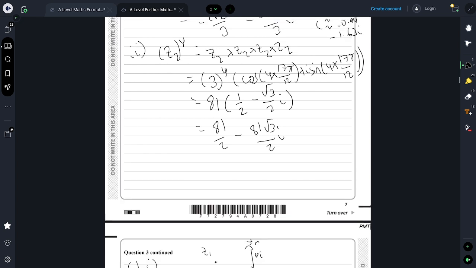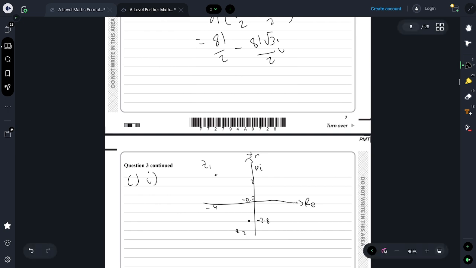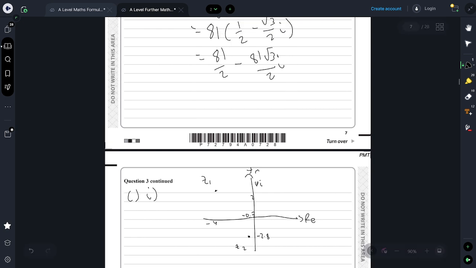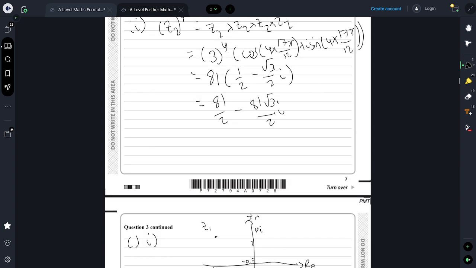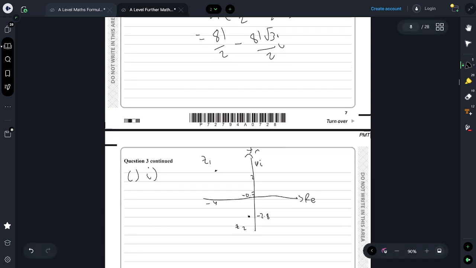So it's going to be just a bit over Z2, just above Z2 here, so it's going to be about there. So that's Z1 over Z2. Okay, so that's all it is.